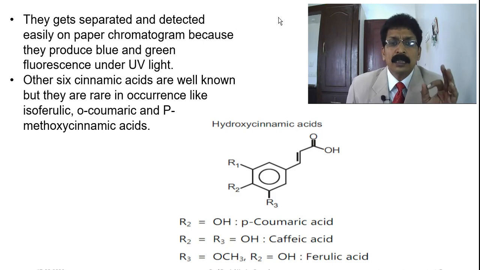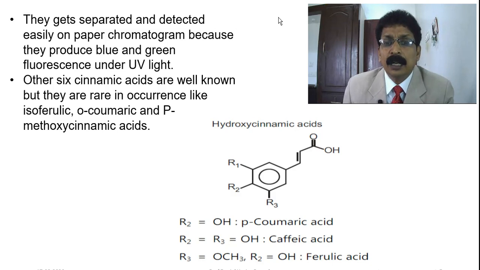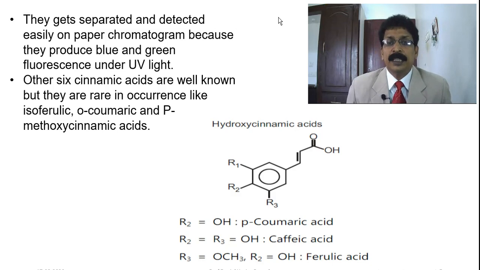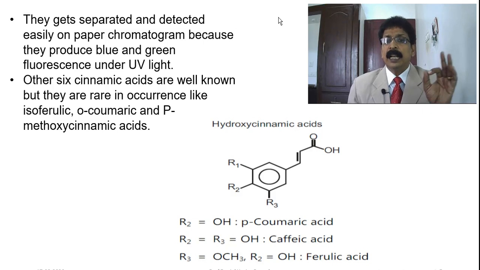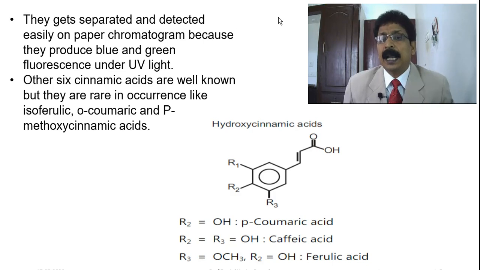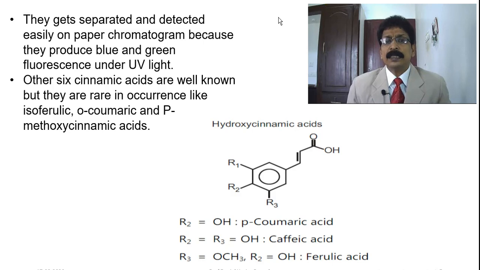And if R1 is methoxy, R2 is OH and R3 is OCH3, that is methoxy, then it is sinapic acid. So you can see para-coumaric acid, caffeic acid, ferulic acid, sinapic acid.